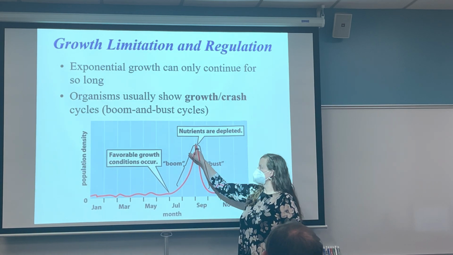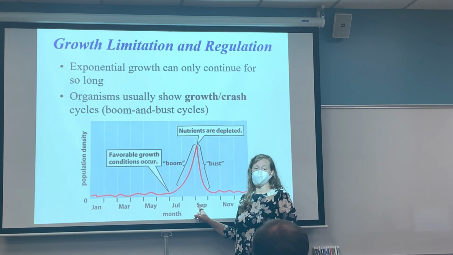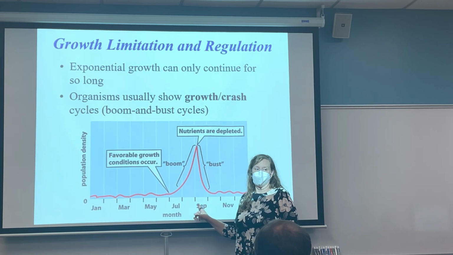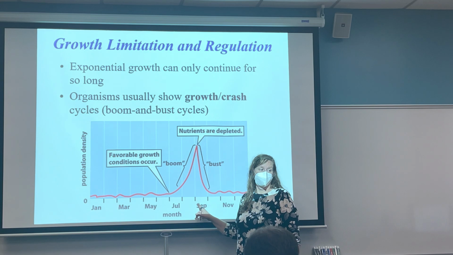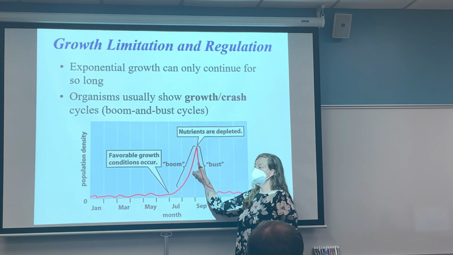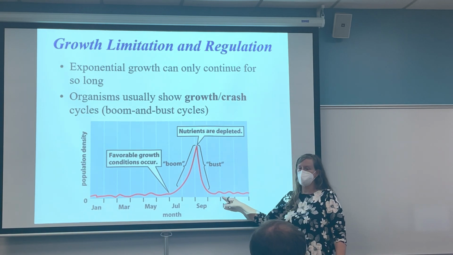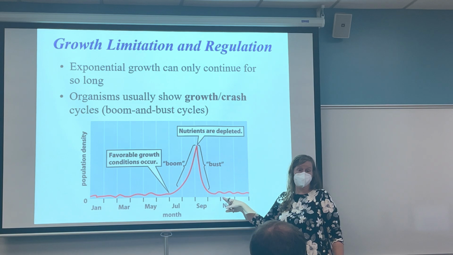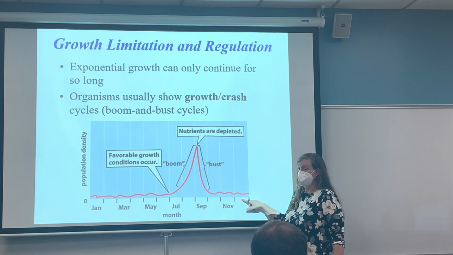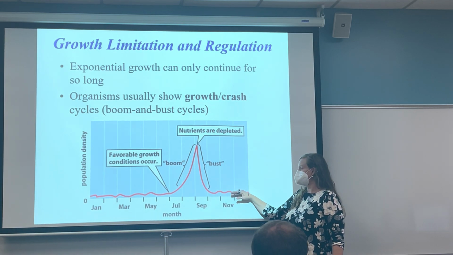And then come September, days are getting shorter again. Temperatures are getting colder. It's not raining as much. So there's not as much food available. Then it gets really cold. Water gets locked up in the form of ice, snow. We don't have much. Everything kind of levels off.